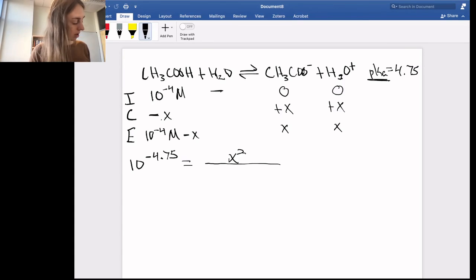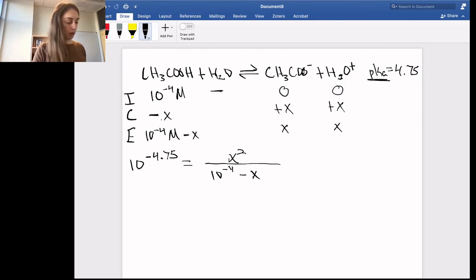And then in our denominator, we have the concentration of our reactants at equilibrium, in which case this is just acetic acid. So we have 10 to the minus 4th minus x.